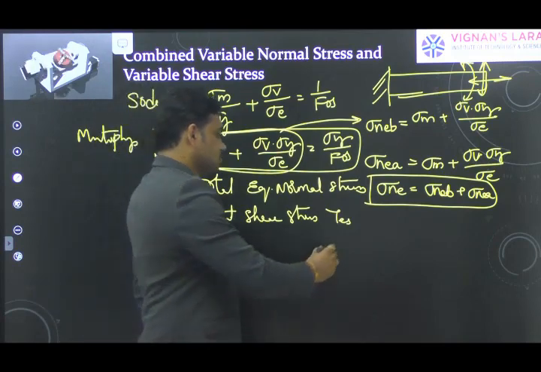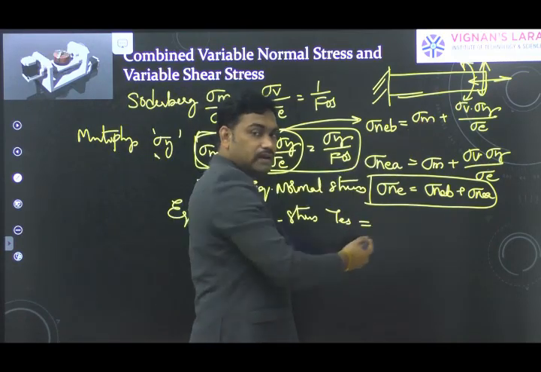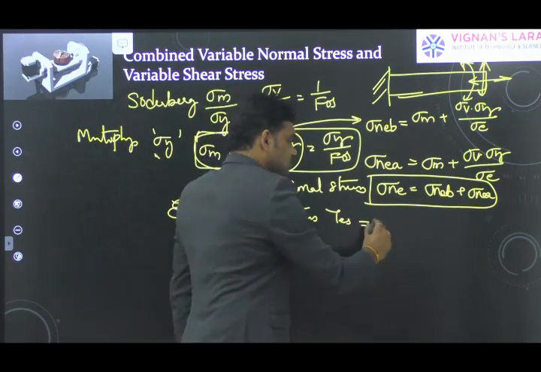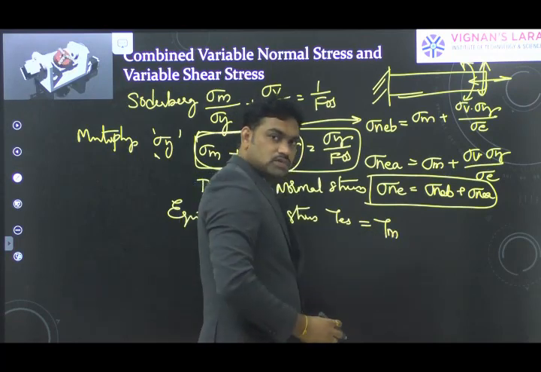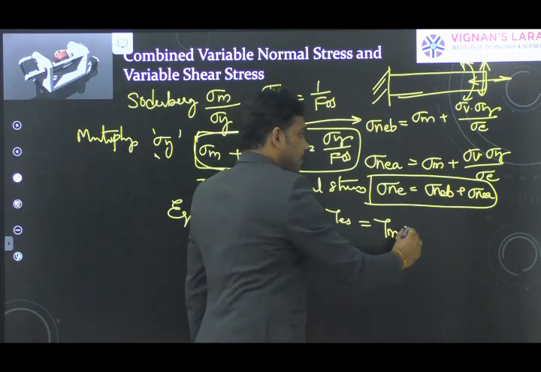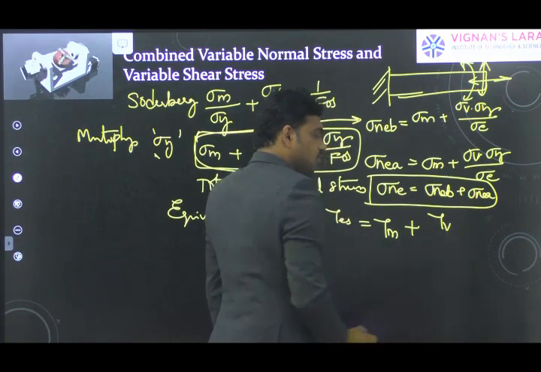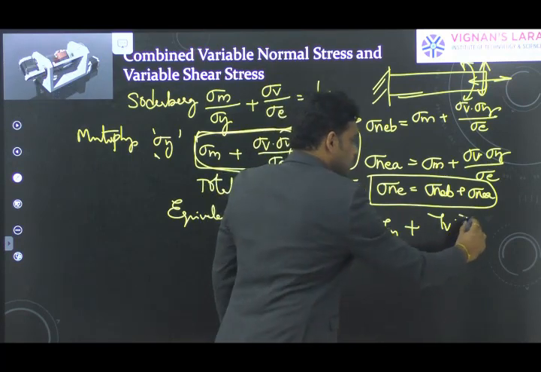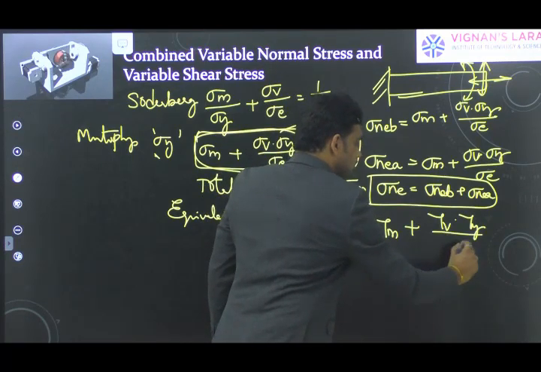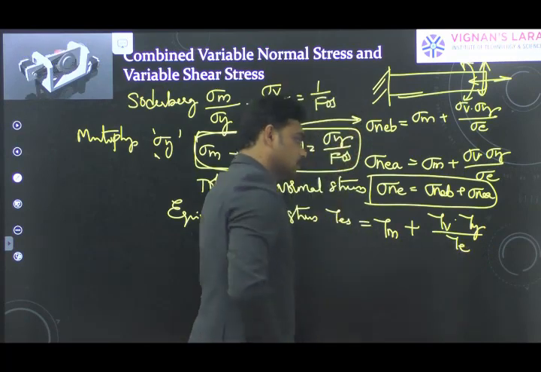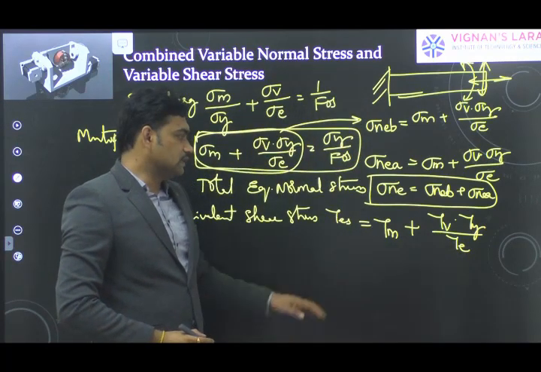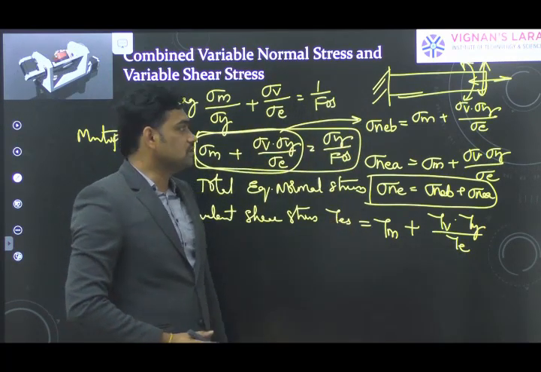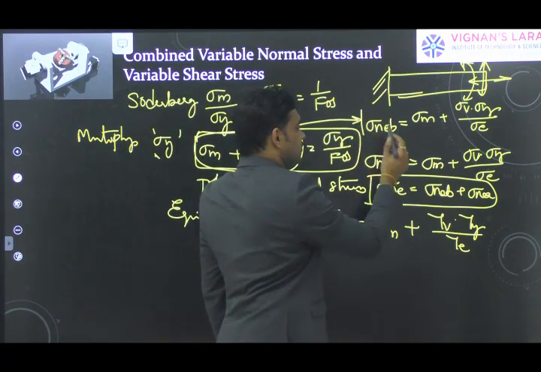Similarly, tau m, the mean stress in shear, plus tau v, the variable stress in shear, into yield strength in shear divided by endurance strength in shear. So that is the equivalent shear stress. These are the two equations we need to remember.